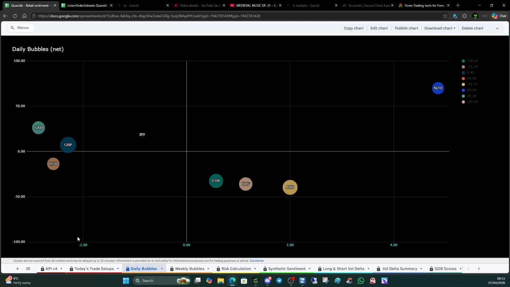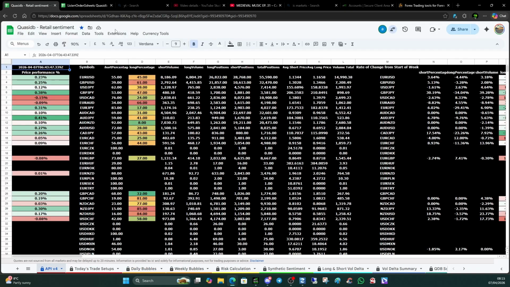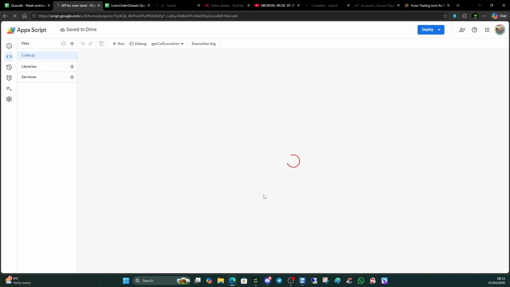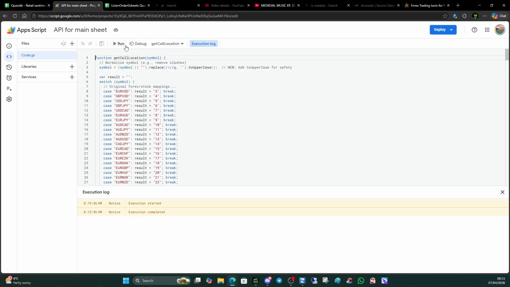So we'll come to API, extensions, app script, API. So it should be doing it automatically, but my FX book could probably get a bit hammered. So there's that. Let's do that.